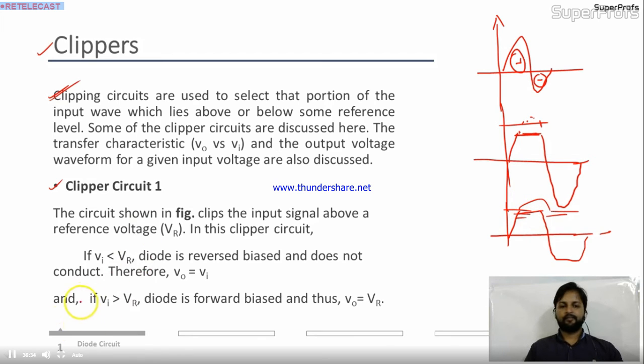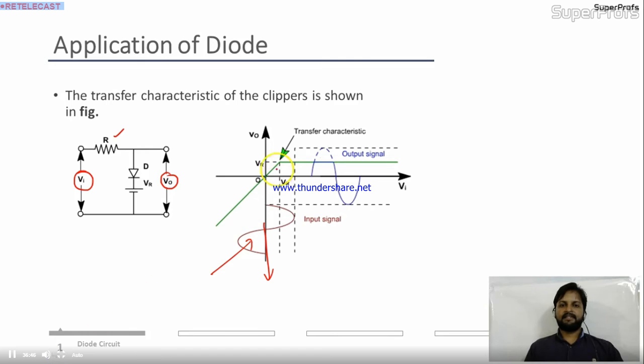So the first case, the circuit shown in the figure, clips the input signal above a reference voltage VR. Our task is to clip the input voltage above VR, the reference voltage. This is the output waveform, and this is the input waveform. Forget about this, don't confuse yourself.